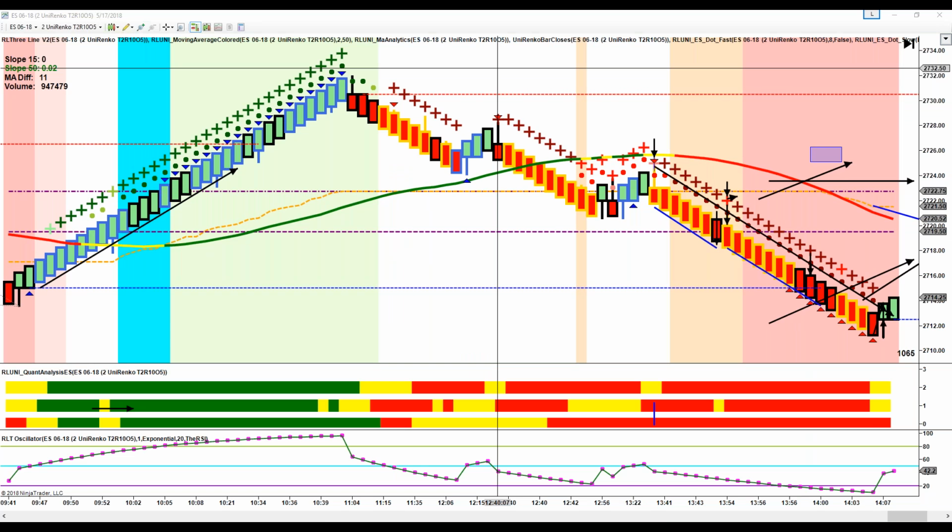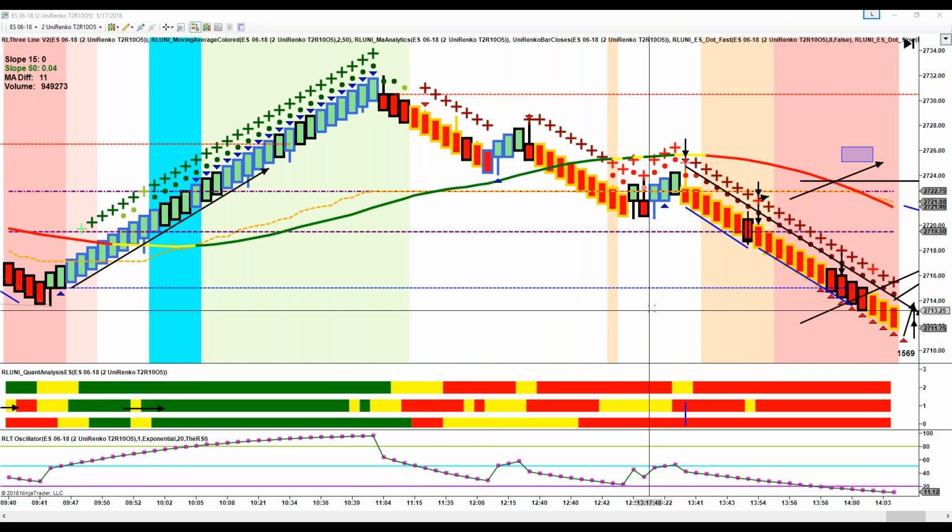Now, other markets, David, nothing uses its own market. If the CL dots were based on CL, it would have no predictive value at all. Because when CL went up, the dots would go up. When CL went down, the dots would go down. And you can see here that sometimes they don't go in the same direction.